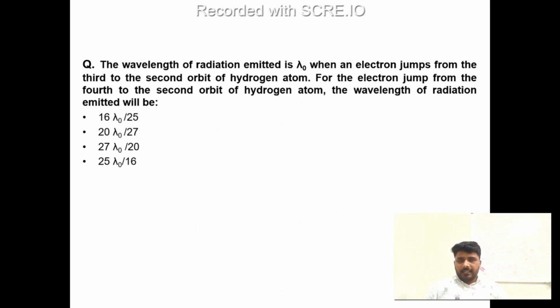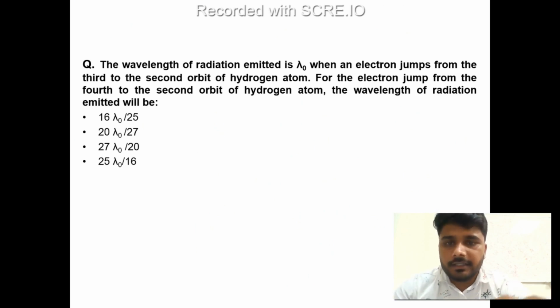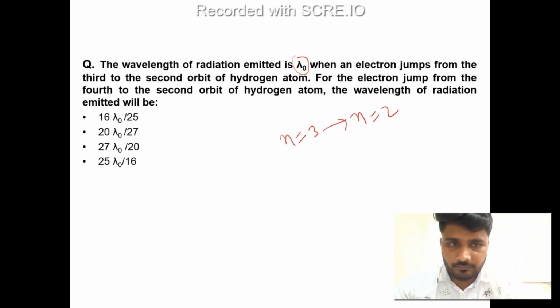So this is another question you can try by yourself. The wavelength of radiation emitted is lambda naught when an electron jumps from the third to the second orbit of the hydrogen atom, that is n equal to 3 to n equal to 2. For this transition you are getting the lambda value as lambda naught, right?